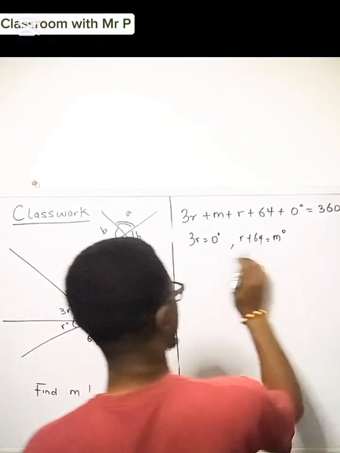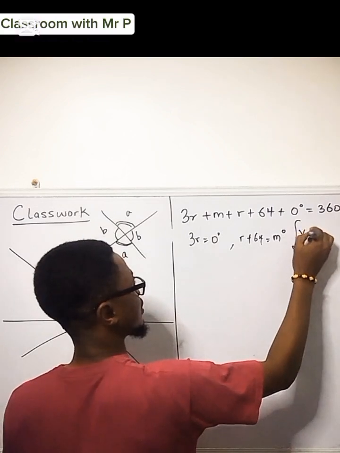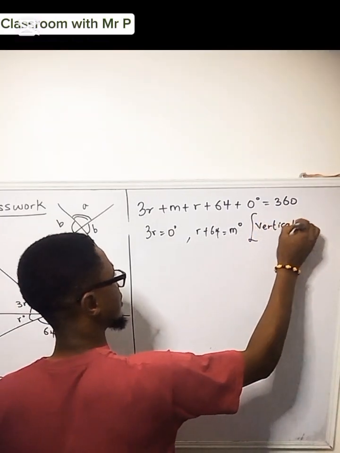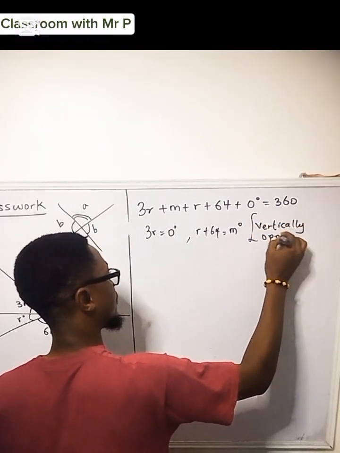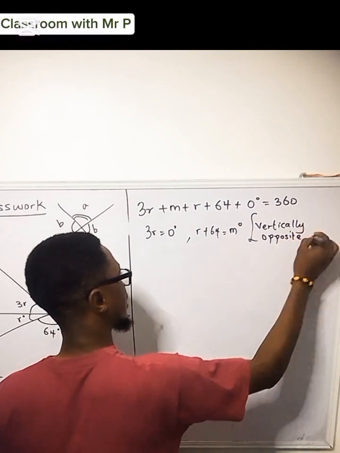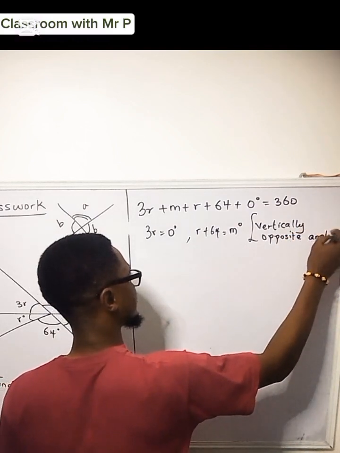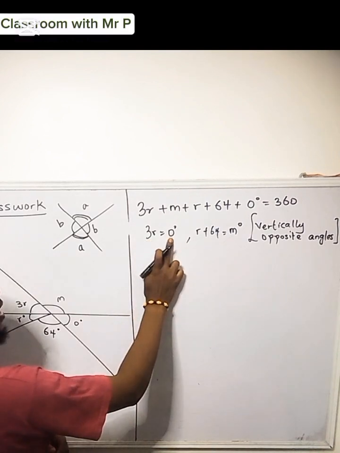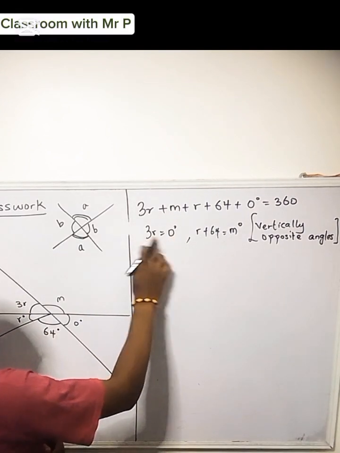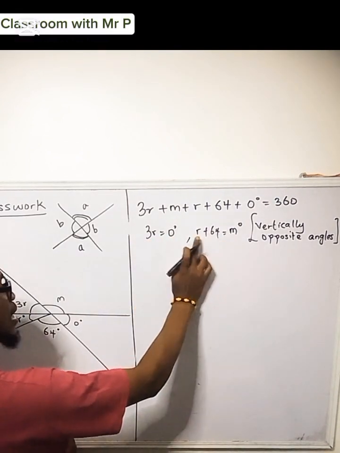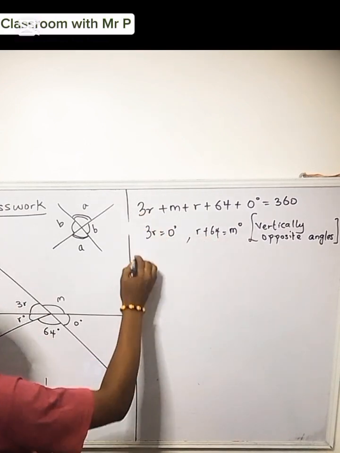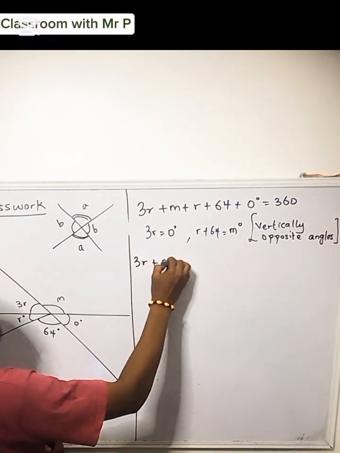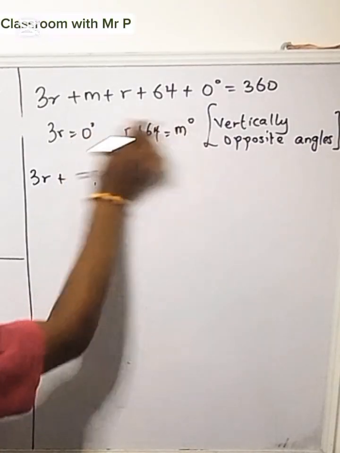So if I have these two things to be vertically opposite angles, I can now say that anywhere I see 3R, I can call it O. Anywhere I see O, I can call it 3R. Anywhere I see M, I can call it R plus 64. So I'll say 3R plus M plus R. Okay, I wouldn't call it M again.